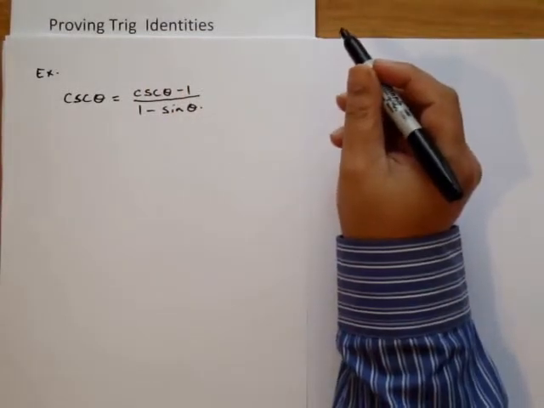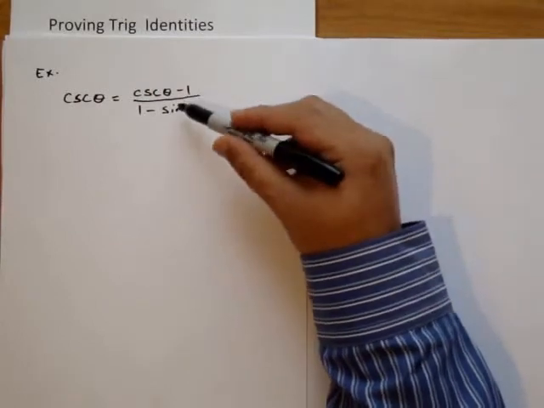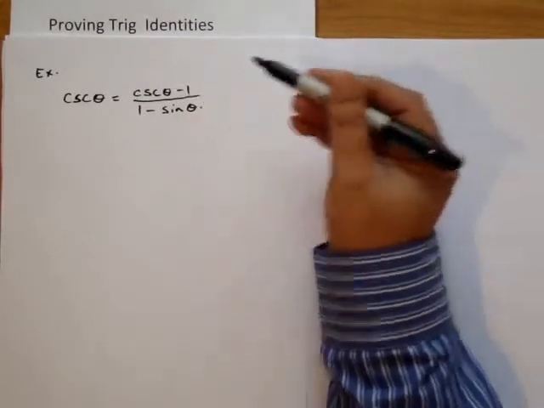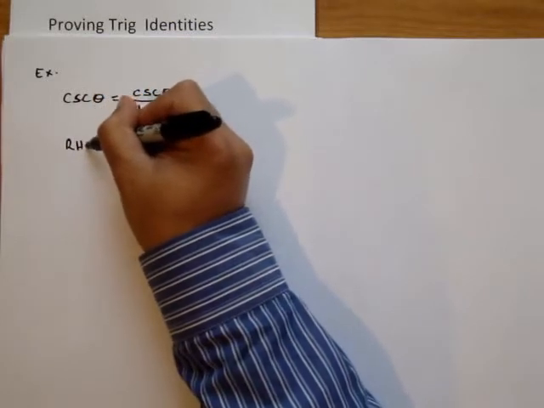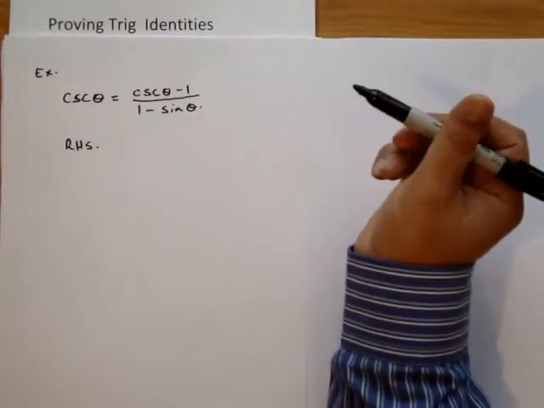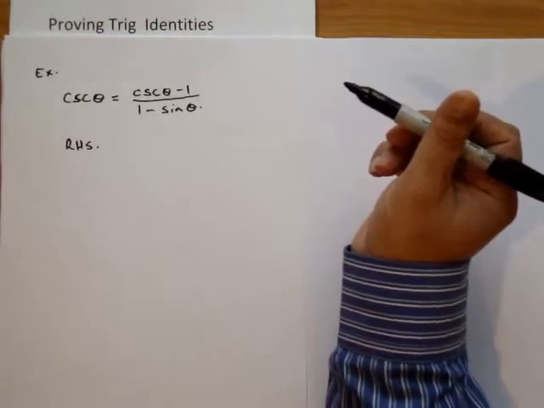First of all, we choose the side that looks most complicated, which is the right hand side, and we try to simplify it into cosines and sines if possible.